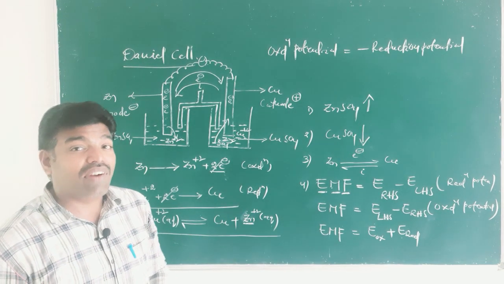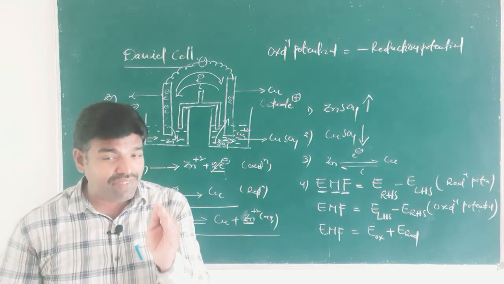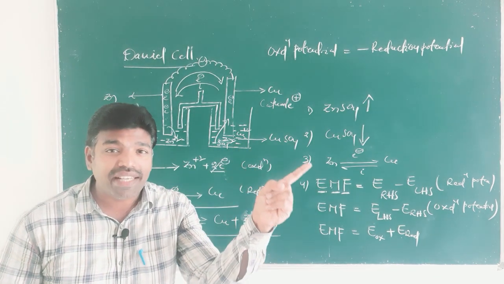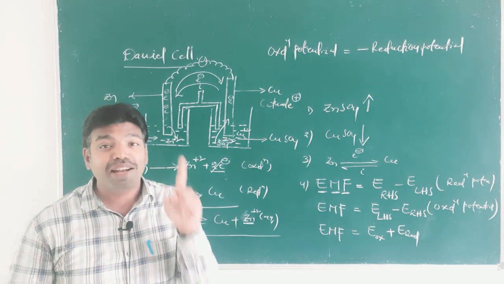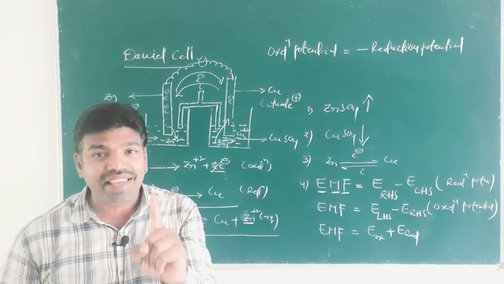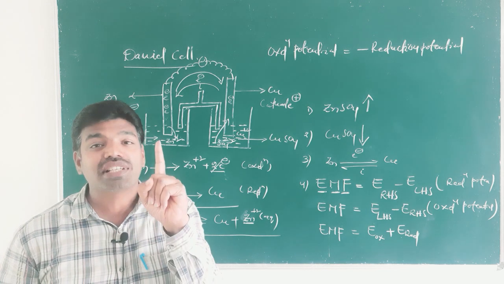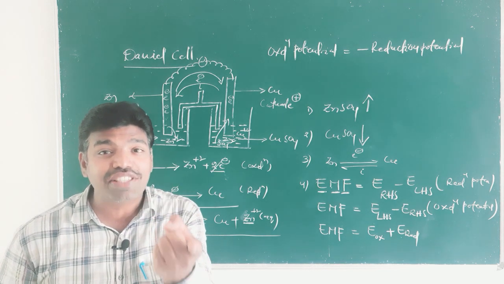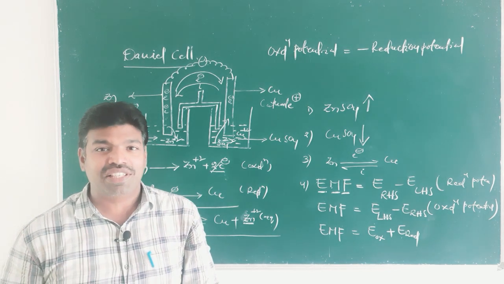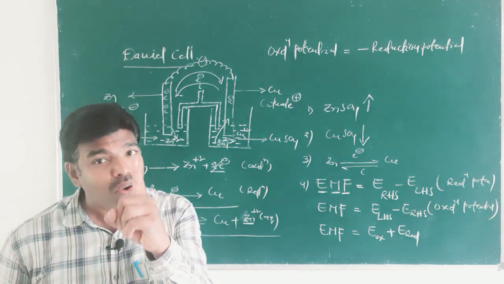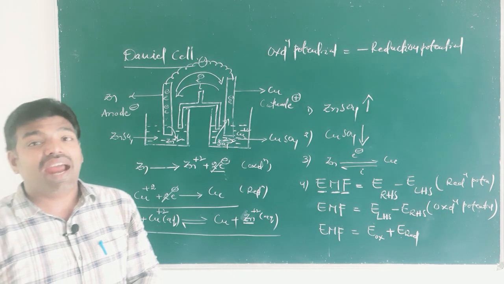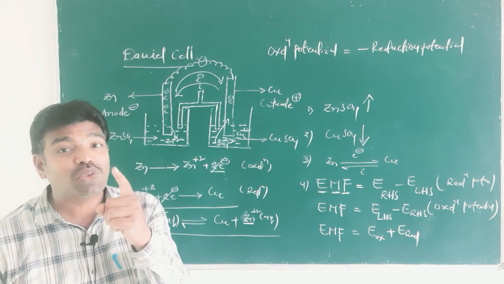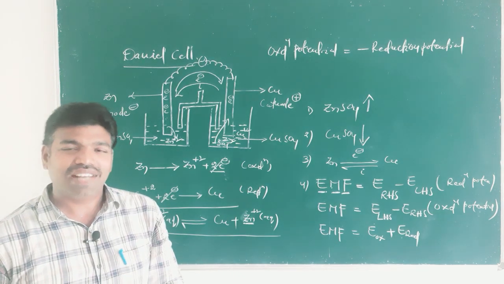Okay, so the fundamental difference between electrolytic cell and Daniell cell, already I told you: electrolytic cell is a device which converts electrical energy into chemical energy, where the anode is positively charged electrode and cathode is negatively charged electrode, right?